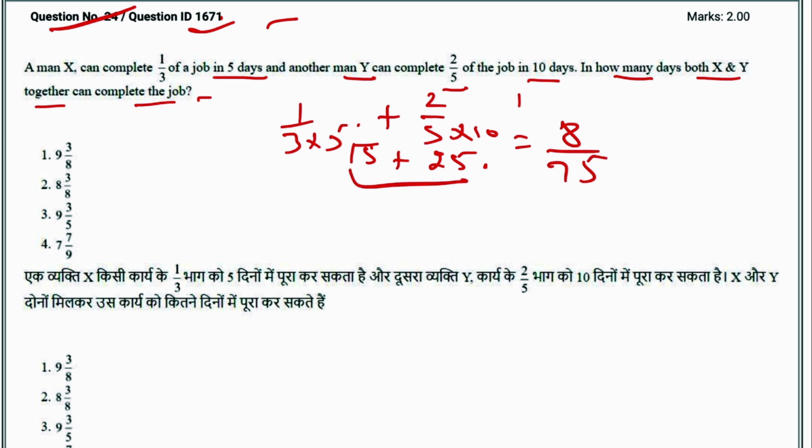We will take out the LCM, then divide 75 by 8. You will get the answer 9 and 3/8 days. 1 is the answer.